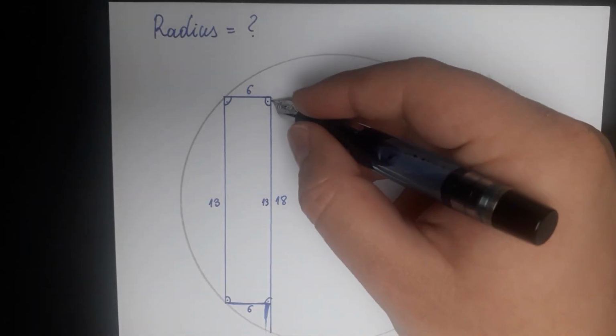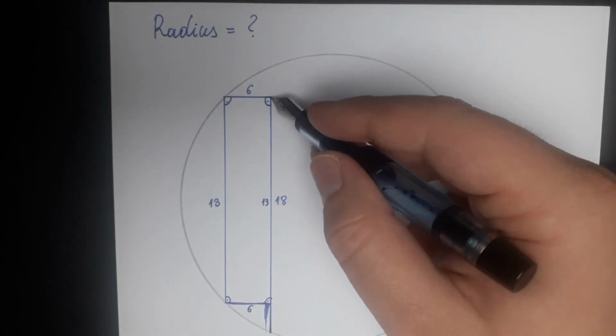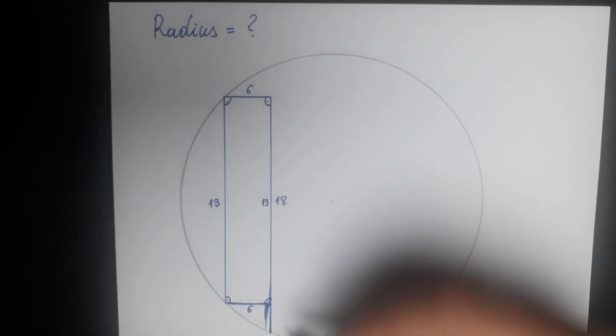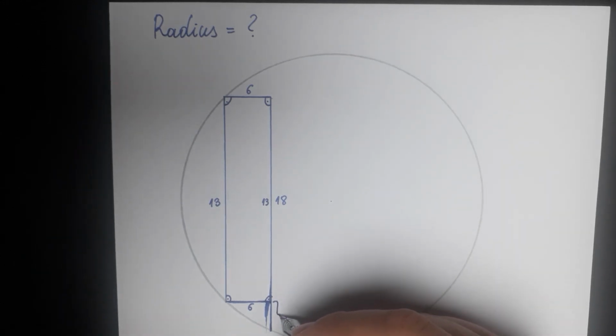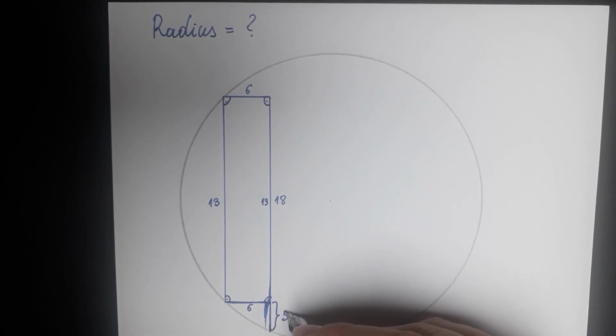Now, since this entire line has the length of 18 and this side of the rectangle has the length of 13, this part right here of the line has the length of 18 minus 13, which is 5.